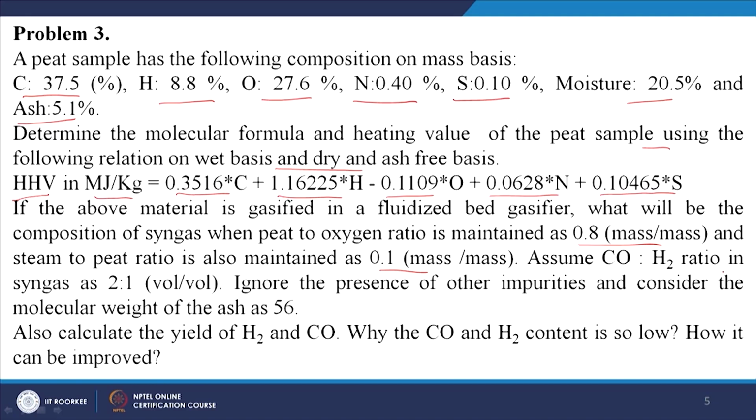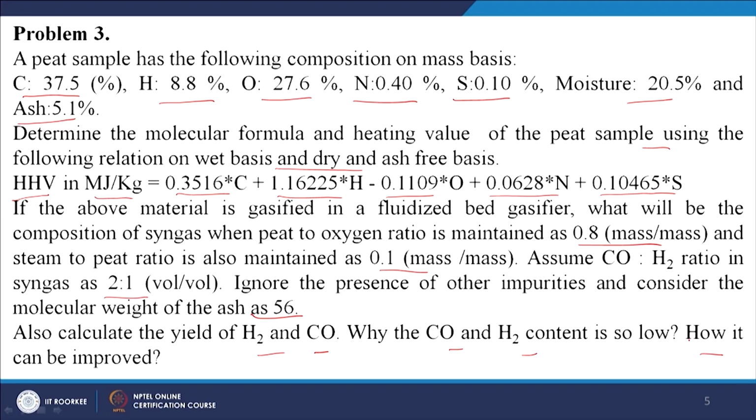Assume CO to H2 ratio in syngas as 2:1 volume by volume, and ignore the presence of other impurities and consider the molecular weight of the ash as 56. Also calculate the yield of hydrogen and carbon monoxide, and why the carbon monoxide and hydrogen content is so low, how it can be improved.